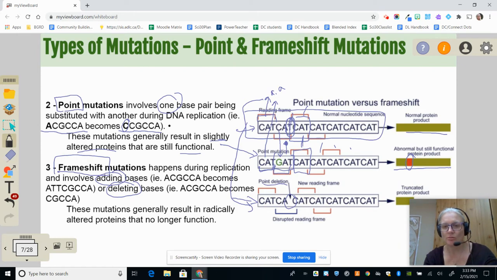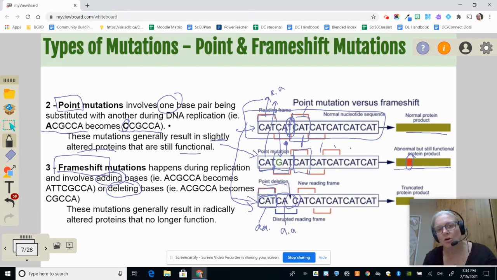So you know how you read normally, you would take the first 3, that's your code for your first amino acid, and then the next 3 bases would give you your next amino acid. Well, you don't have that T there, so now you have to use that C in your code for the amino acid.